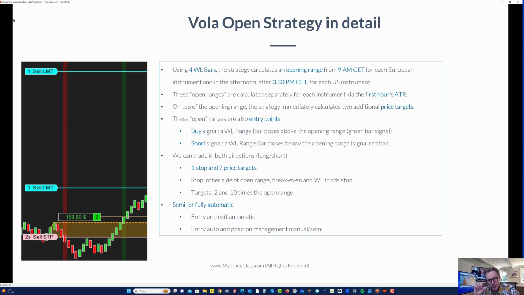Once that open range is broken to the upside or to the downside and confirmed with the next bar, you enter the market, or the system will trigger the order. It's very simple. That's how it works. It immediately sets the stop at the other side of the channel and sets the 2 targets. You will see this later when we do it live. Very easy to visualize.